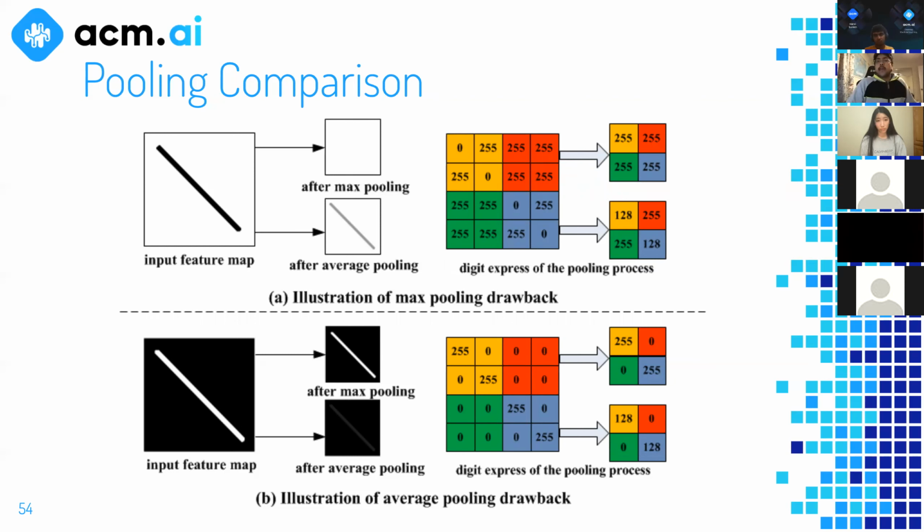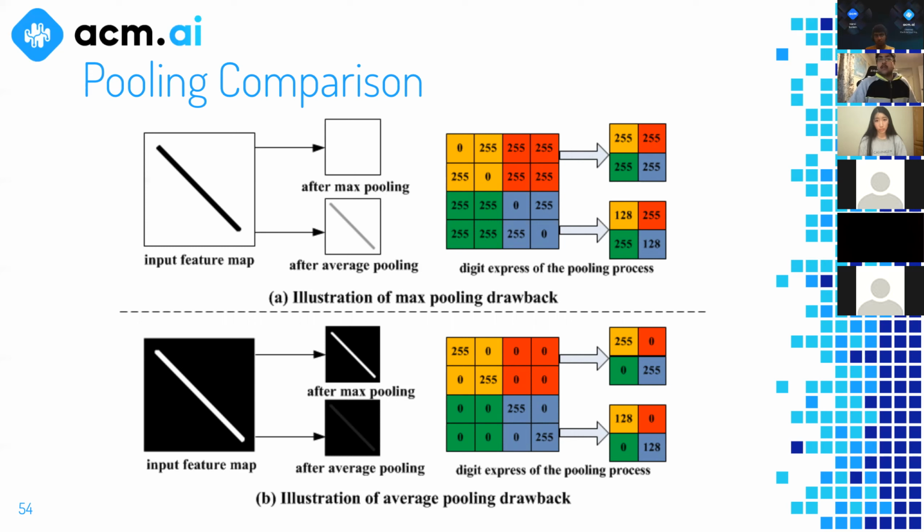So let's look at an example with max pooling and then average pooling, and consider the advantages and disadvantages of both types. Let's say we have an input feature map of a black line running through a white box. After max pooling, we would just have a white image.